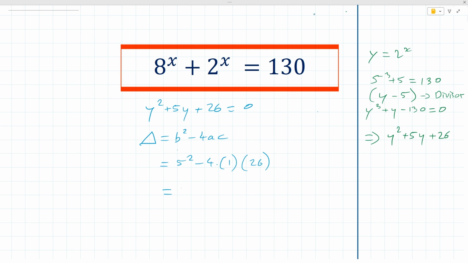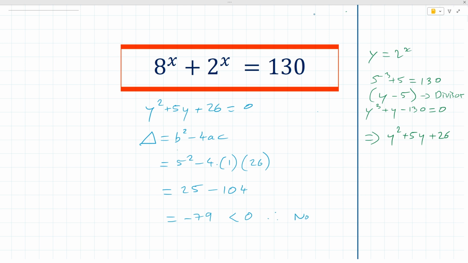And so we're going to be left here with 25 minus 4 times 26. Now 4 times 25 is 100, so 4 times 26 is going to be 100 plus 4, so minus 104. 25 minus 104 is going to be negative 79, and that is a negative value.